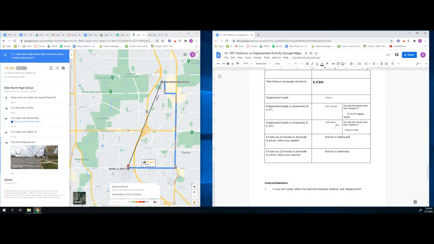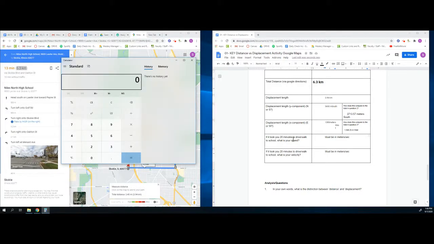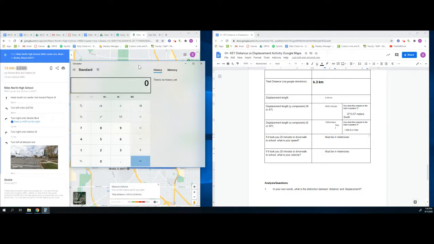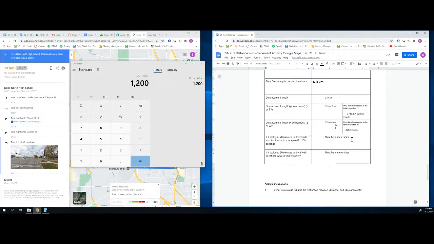So I'm going to take my calculator again. And 20 minutes, by the way, if I wanted to convert that into seconds, that's 20 times 60, 1200. So 1200 seconds. So if I'm looking for speed, I'm taking distance over time.